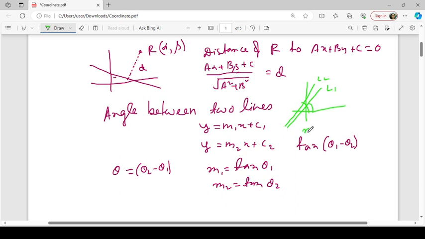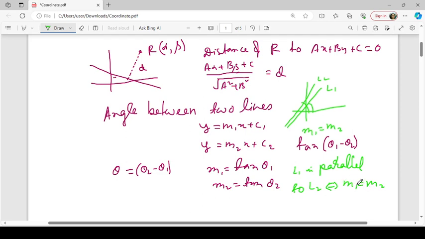So when m1 equal to m2, it is the condition of parallelism. So L1 is parallel to L2 implies, and is implied by, m1 equal to m2. So if m1 equal to m2, then the two lines are parallel, or if two lines are parallel, then m1 equal to m2.